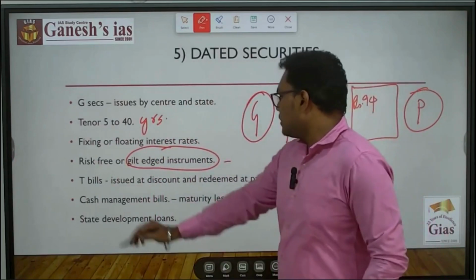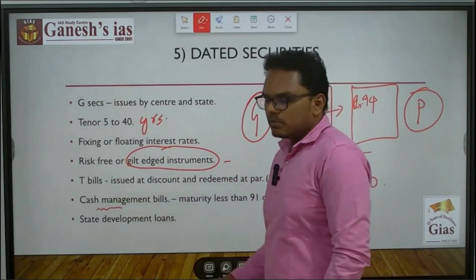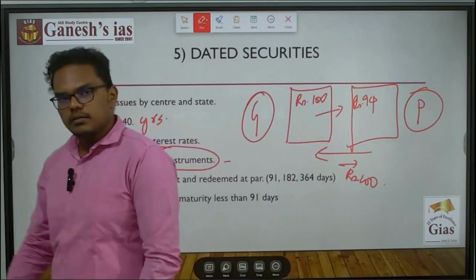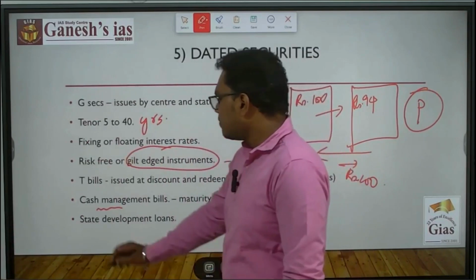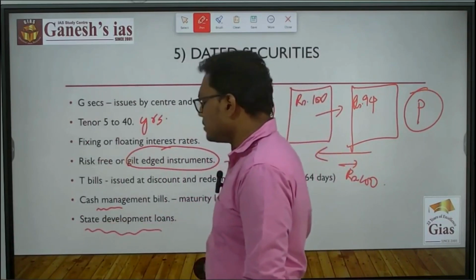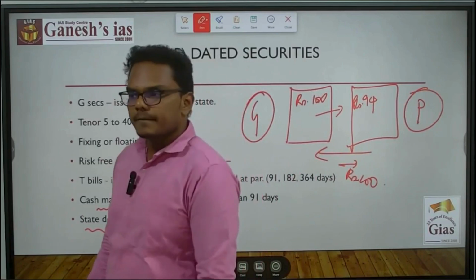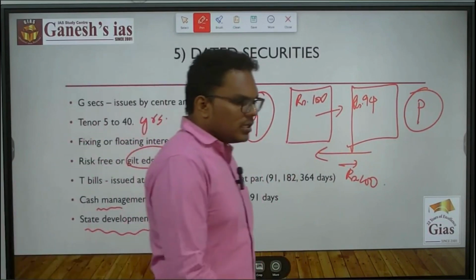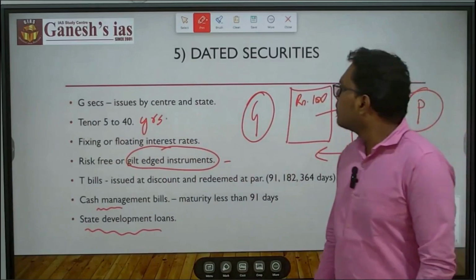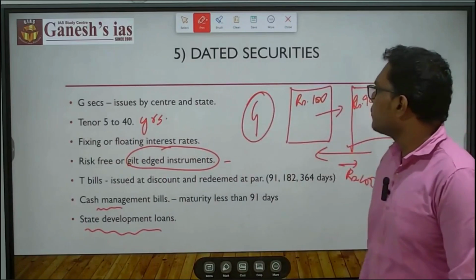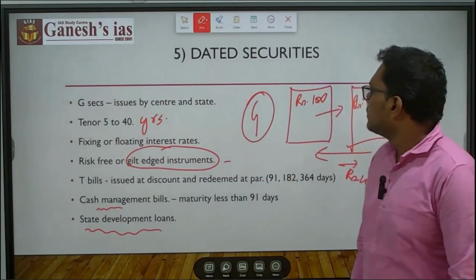And then you need to know about cash management bills. A cash management bill is nothing but a T bill, but it has a maturity of less than 91 days. And then you have state development loans. State development loans are financial instruments used by the state governments to mobilize funds for their developmental needs. So all these are with respect to dated securities.